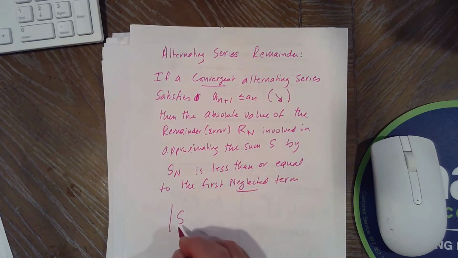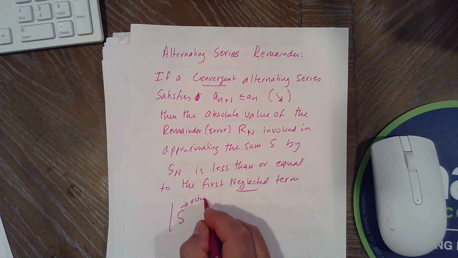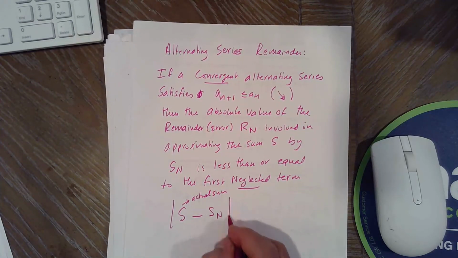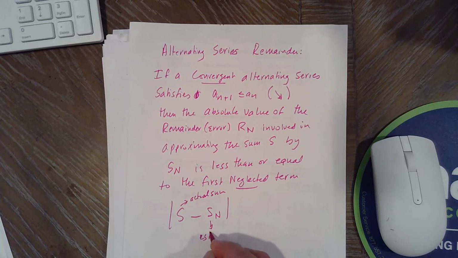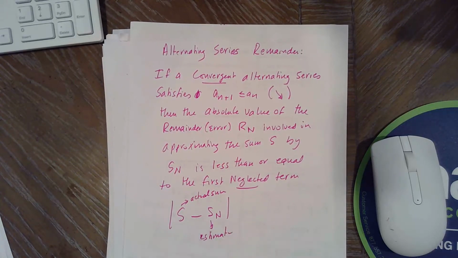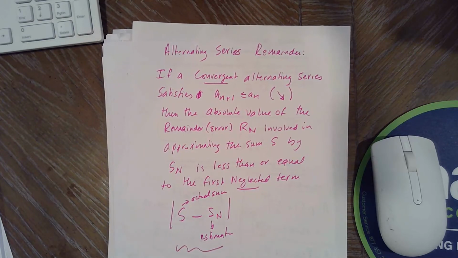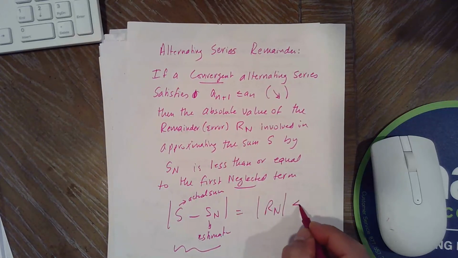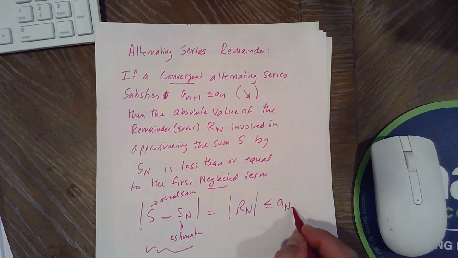So the difference between the actual sum S and the estimate Sn, that whole difference is the error, which is Rn, is less than or equal to the first neglected term.